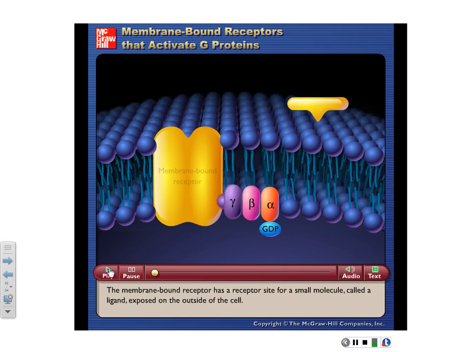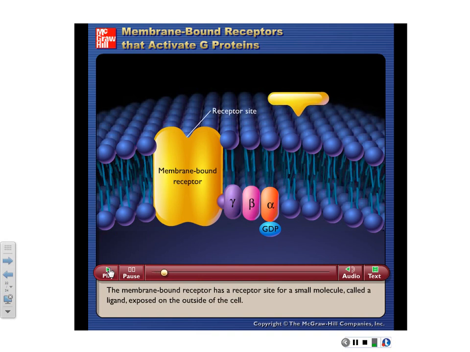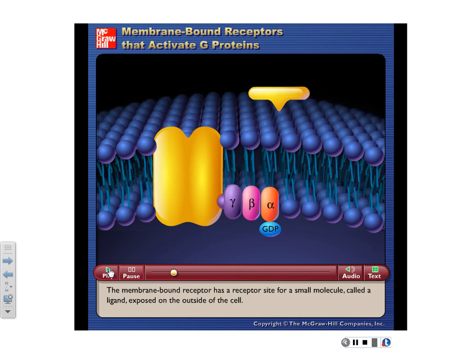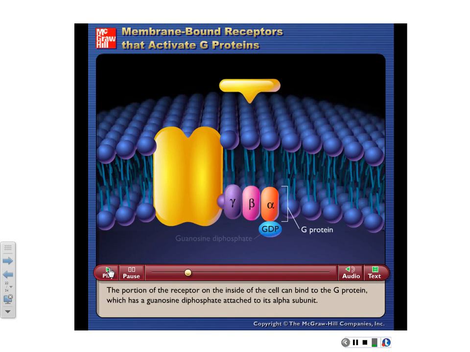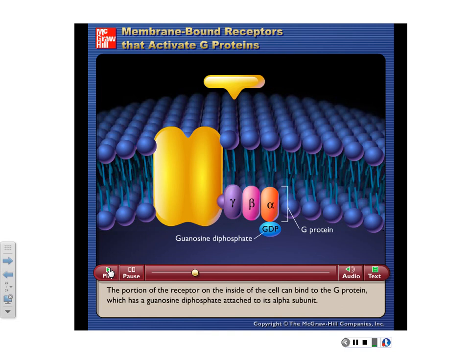The membrane-bound receptor has a receptor site for a small molecule called a ligand exposed on the outside of the cell. The portion of the receptor on the inside of the cell can bind to the G protein, which has a guanosine diphosphate attached to its alpha subunit.